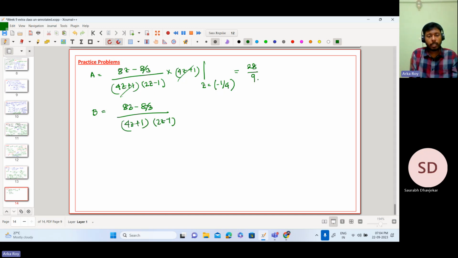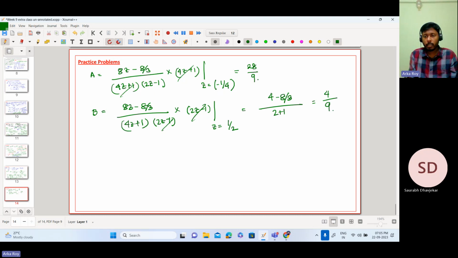Now associated with b, the factor is 2z minus 1, for which this representation has a singularity, and the singularity point is 1 upon 2. So these two will cancel each other, and it will be 4 minus 8 upon 3, and then 2 plus 1 over here, so it will be 4 by 3 and 3 over here also, so 3 3 9.